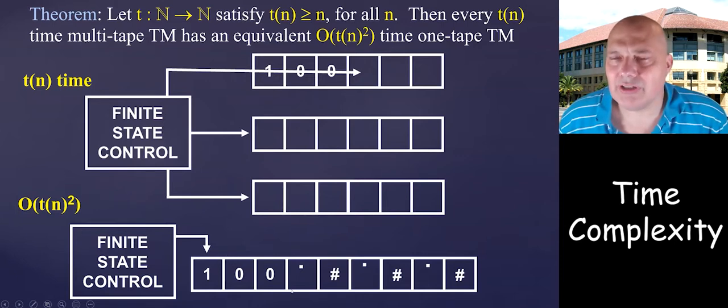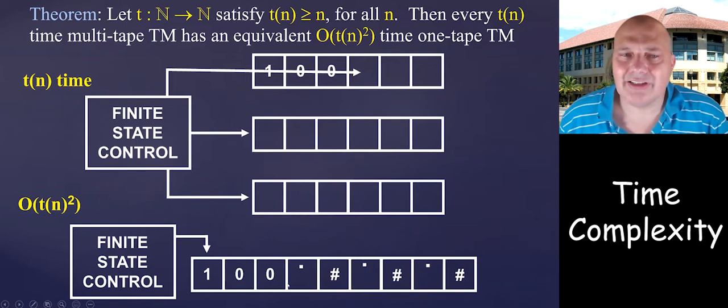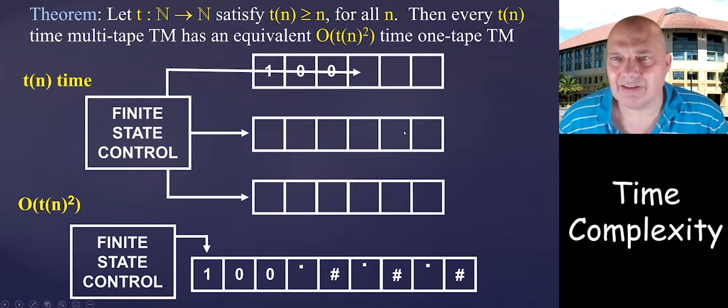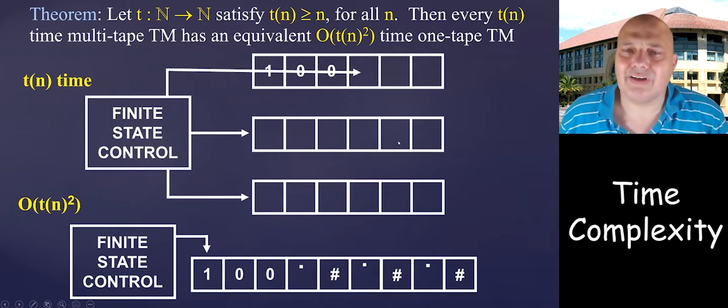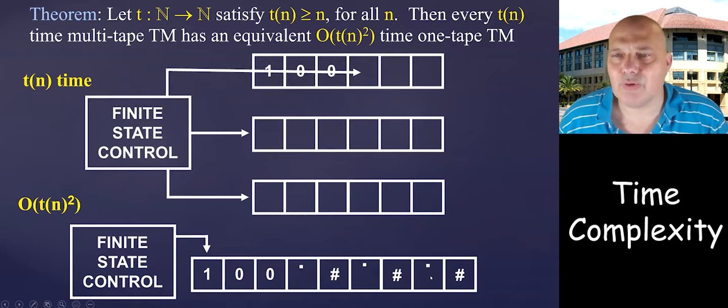For that, we need this simple observation that in time t of n, the heads on each one of these tapes can only get as far as t of n steps away. So the length of this tape that combines all of them is of size at most 3t of n plus these additional separators.